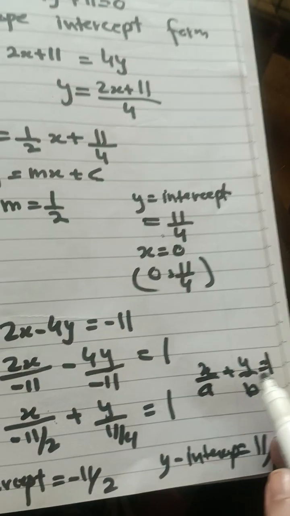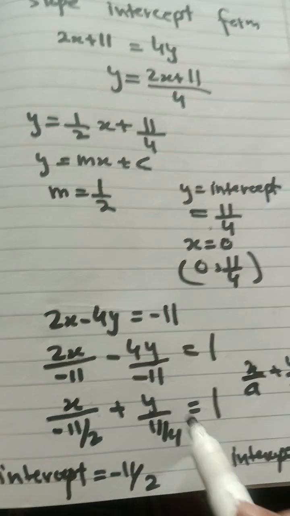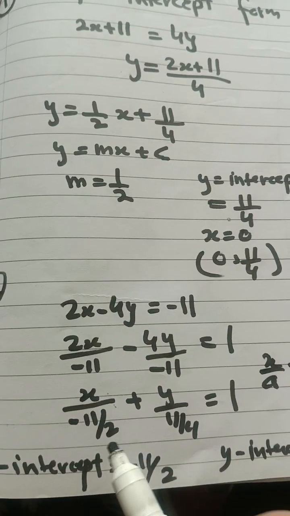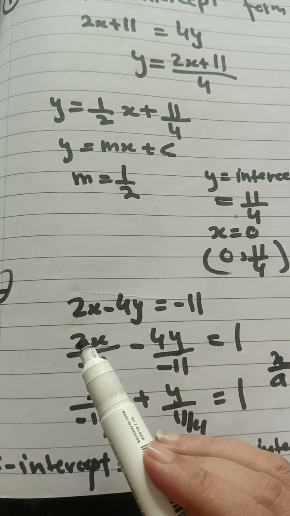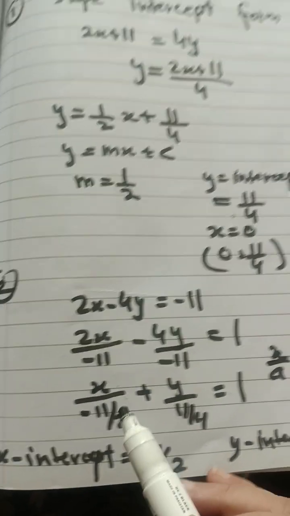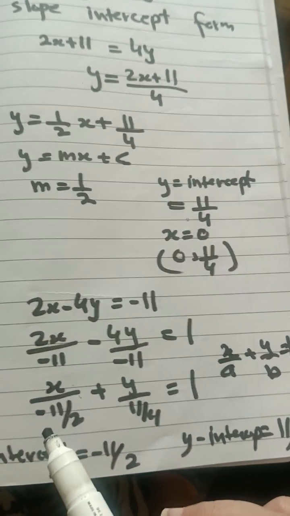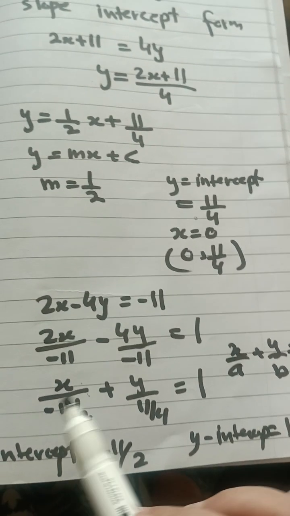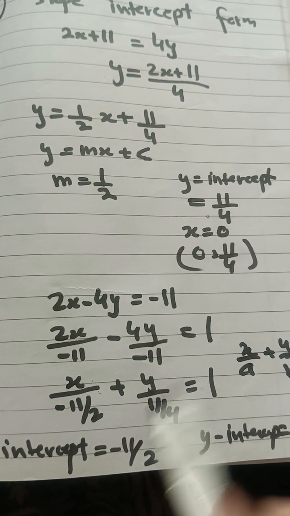We need 1 here, so we divide both sides by the constant minus 11. It will become x over minus 2 and y over 11 over 4. The number in the numerator can be taken into the denominator. So we have got the intercept form, the two intercept form. This is a, the x-intercept, and this is b, the y-intercept.